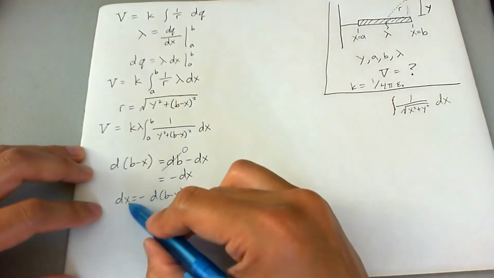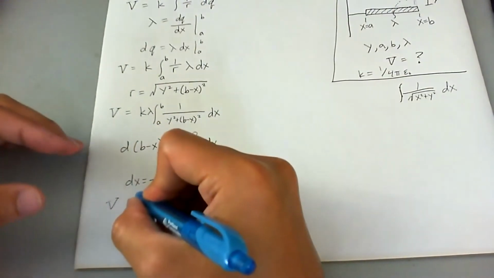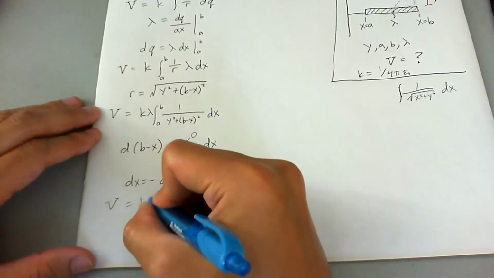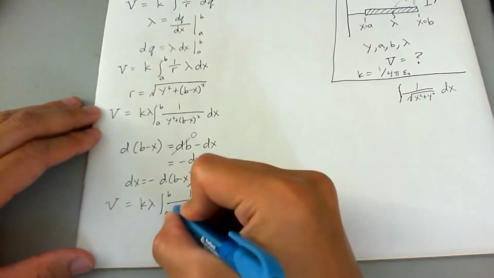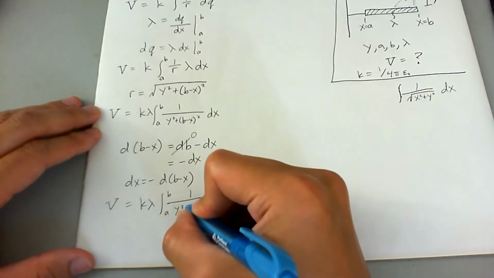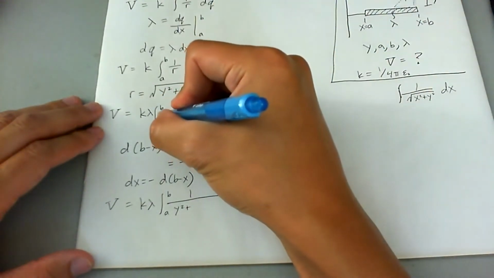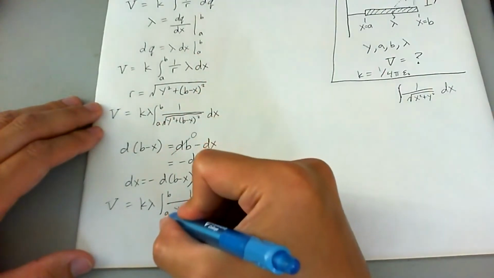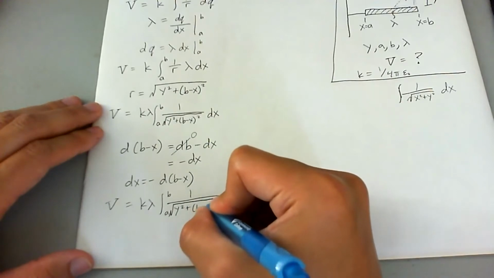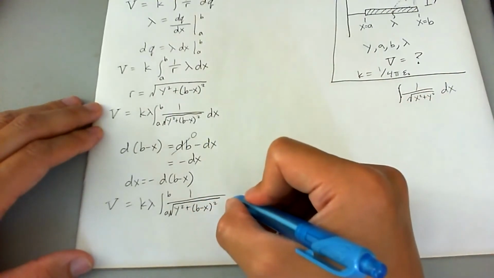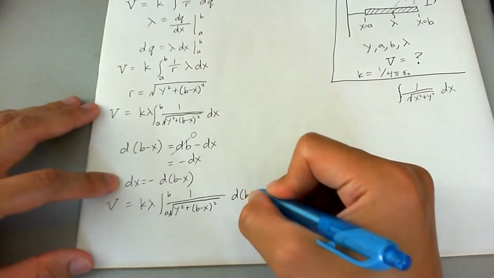So let's substitute dx into the integral. V is then equal to k lambda integral from a to b of 1 over, I apologize, this is inside a square root, 1 over the square root of y squared plus (b minus x) squared. And dx is just going to be a negative d(b minus x).